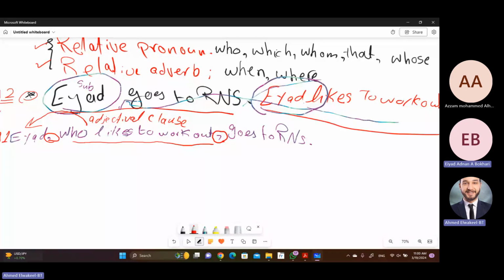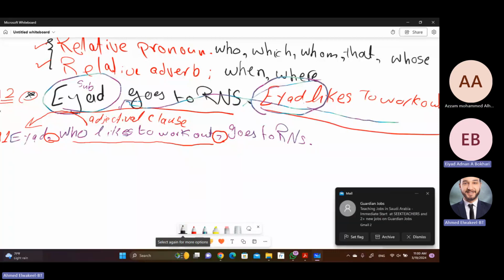The one that we added a subordinating conjunction to became a subordinate clause, a dependent clause. It doesn't have full meaning anymore. So that's one clause. And the second clause is "Iyad goes to RNS."